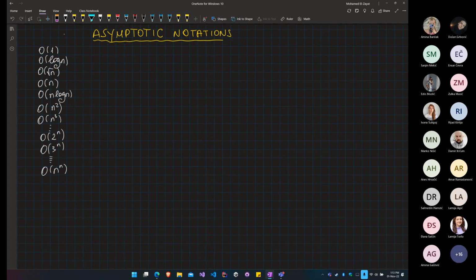Now let's talk about the asymptotic notation. I'm going to draw a line right there, like so, as a separator.